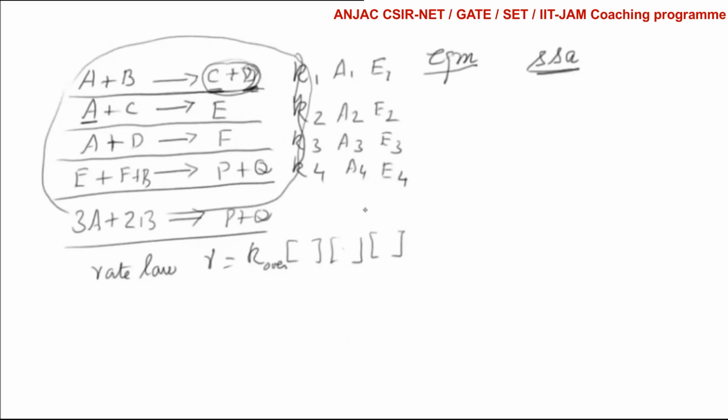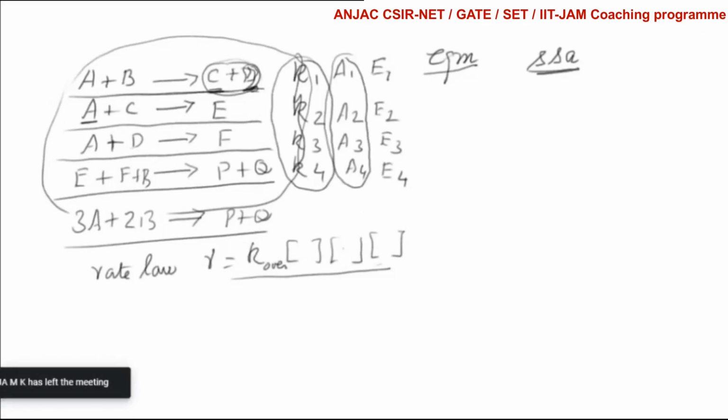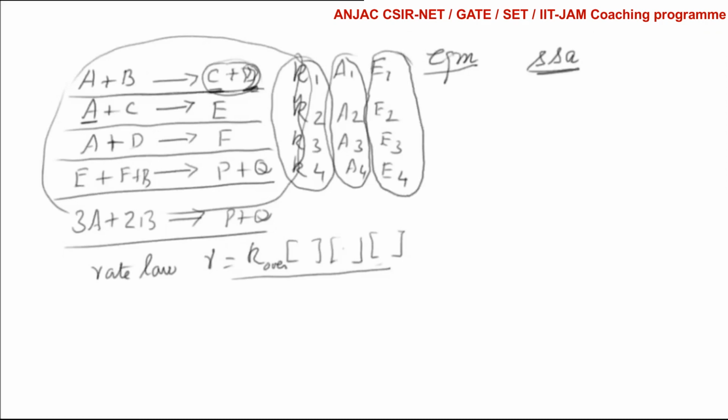Finally, after arriving at this rate law equation, you can calculate the overall rate constant, which will be given in terms of this. Then you can apply the Arrhenius equation to calculate the overall Arrhenius parameter, and the net activation energy for the complex reaction.